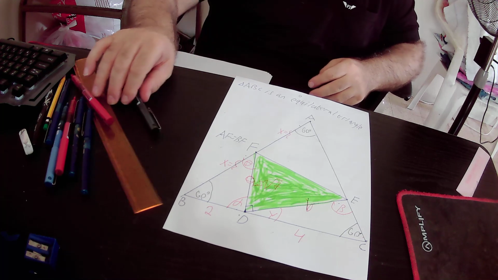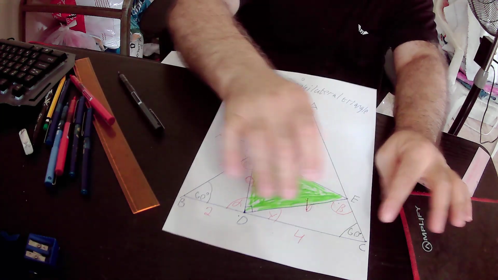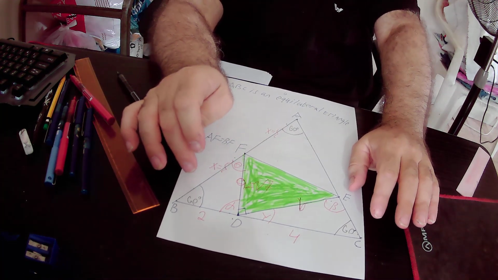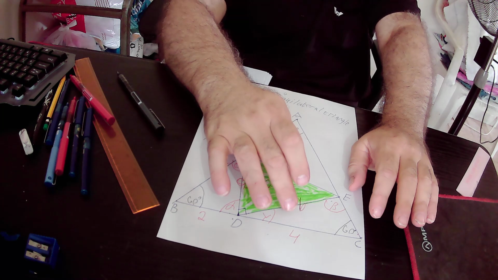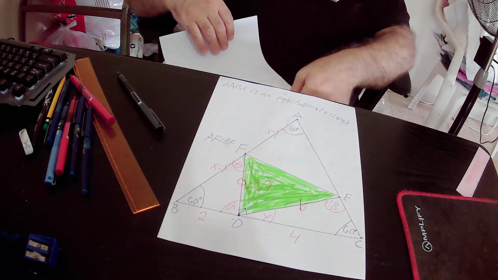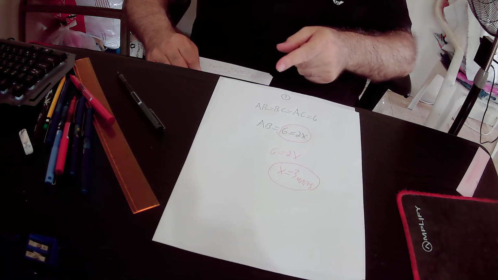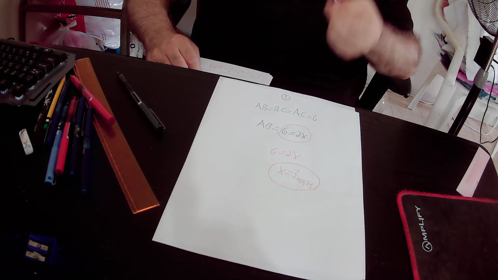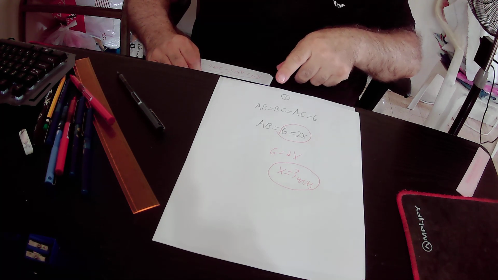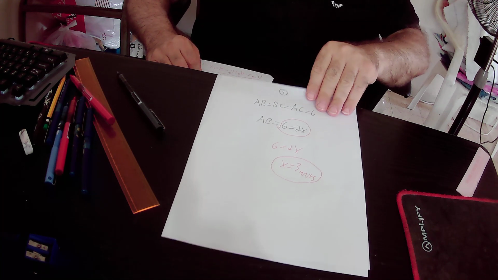So BC equals 2 units plus 4 units. In other words, BC equals 6 units, and all the sides of the equilateral triangle ABC are equal to each other. So AB equals BC equals AC equals 6 units.